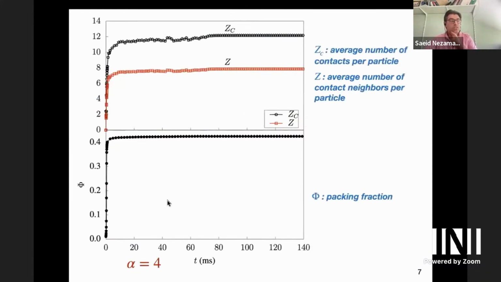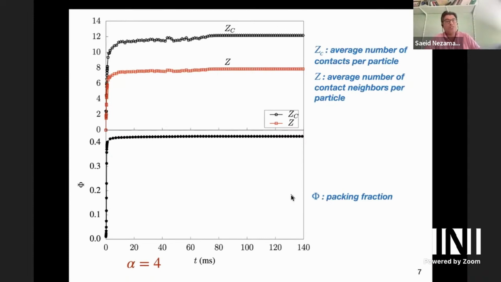Here you see the evolution of the average number of neighbors, Z, per particle, the average number of contacts per particle, Zc, and the packing fraction during compaction for alpha equal to 4. As you see, the values of these quantities stabilize in a fraction of a second.